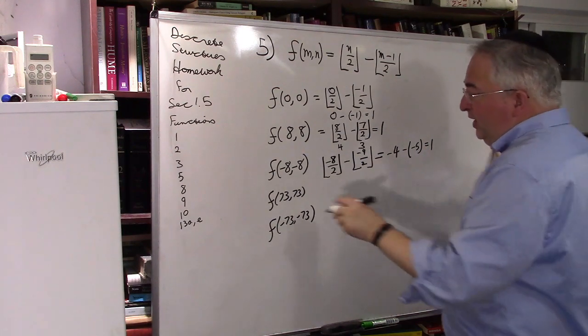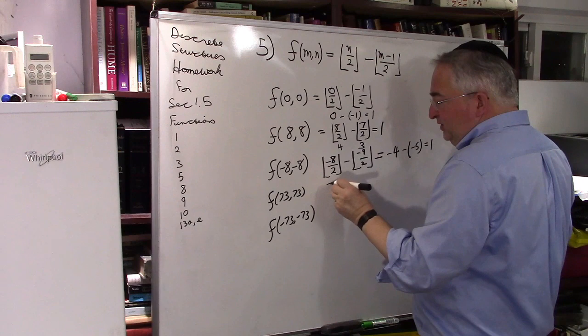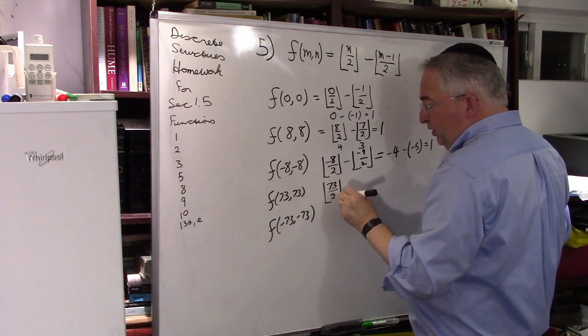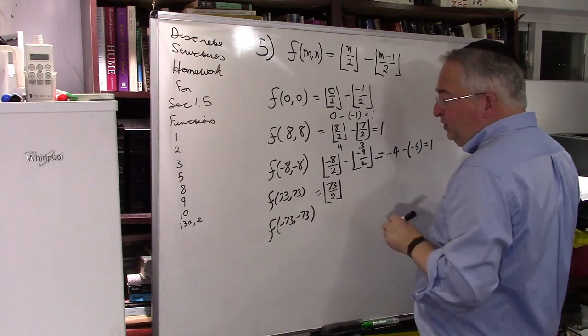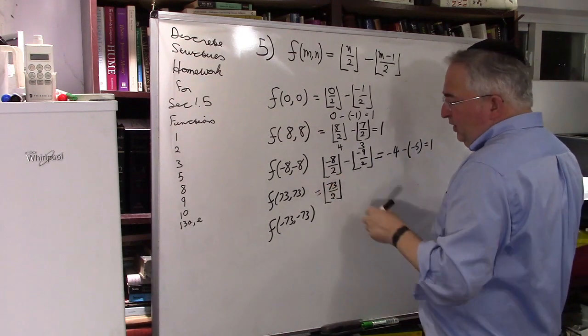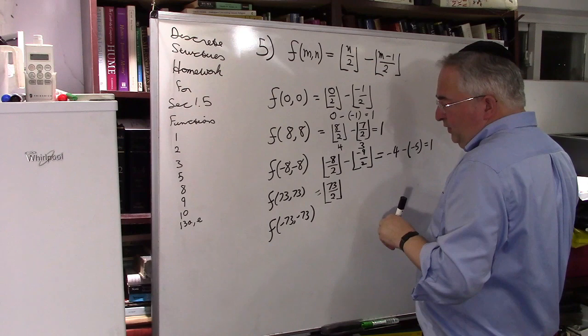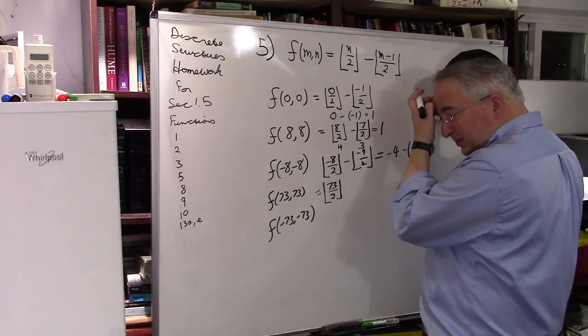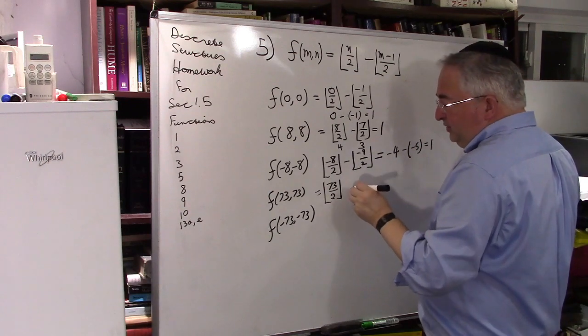Okay, great. Let's do 73. So this is 73 over 2. 73 we just saw is a prime number, 2 doesn't go into it. So it's 36.5.